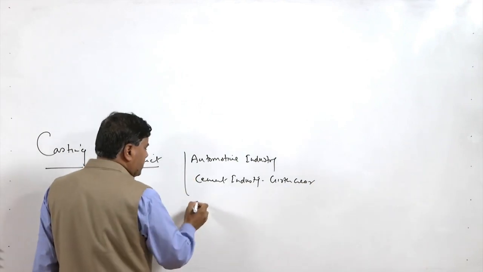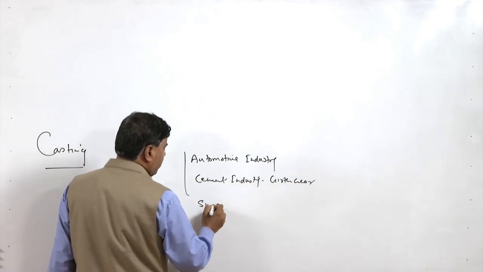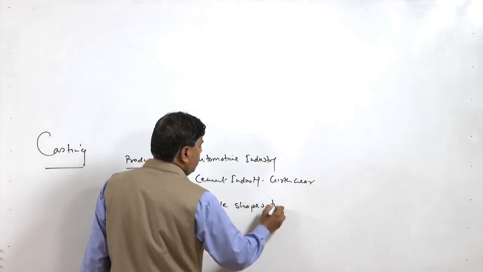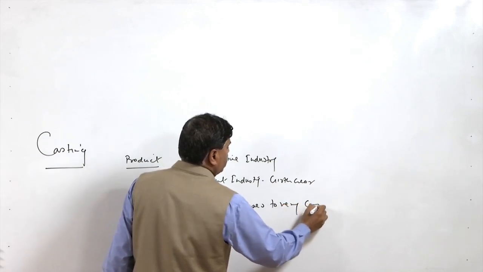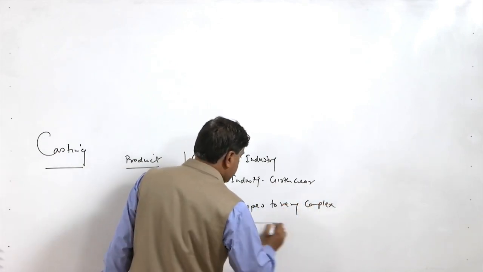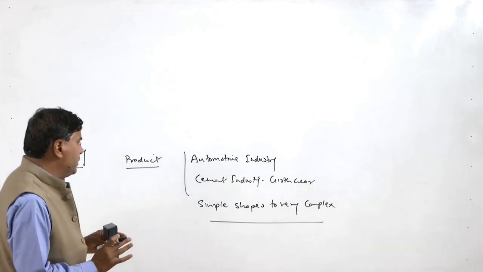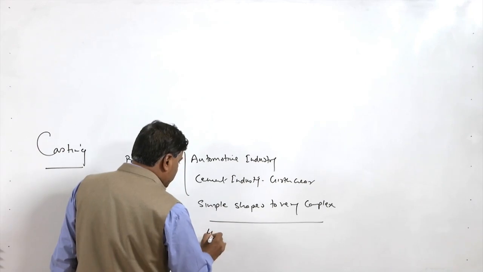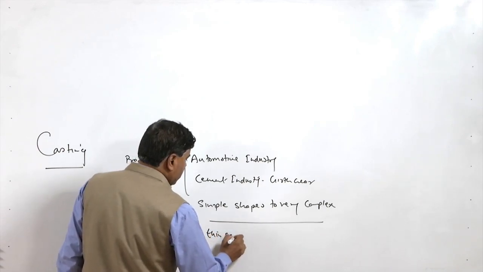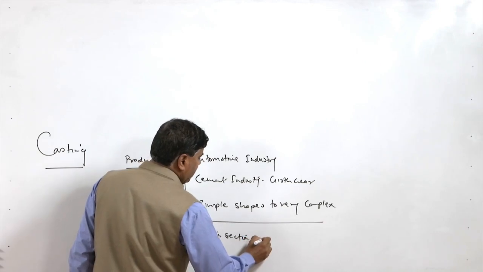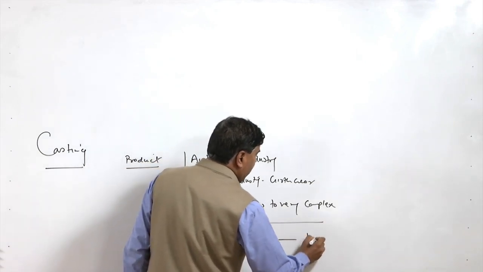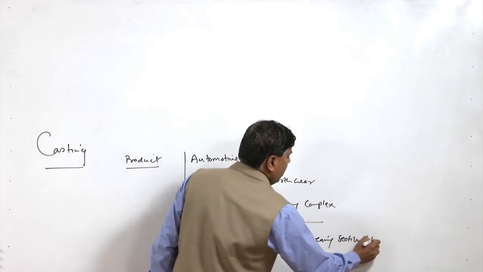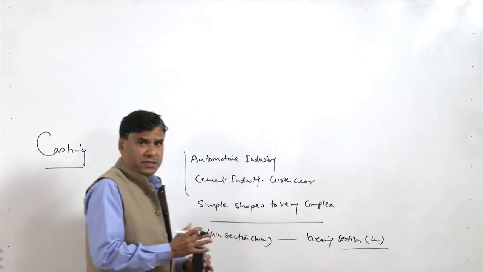These components may be from very simple shapes to very complex shapes. The process is very much capable of making very simple to complex shapes, of very thin sections to very heavy sections, like having sections even in meters.